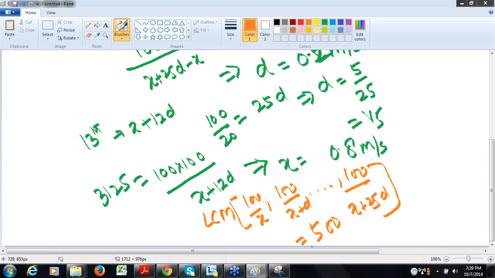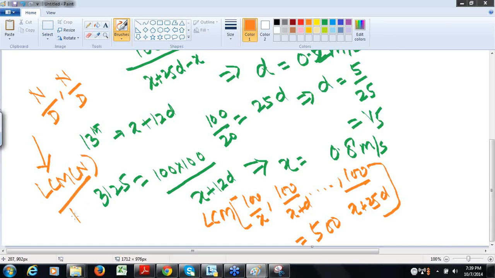See, the LCM of a fraction, numerator by denominator, is the LCM of the numerator upon the HCF of the denominator. This is the formula. Just use this formula and get the value. Clear, everybody?